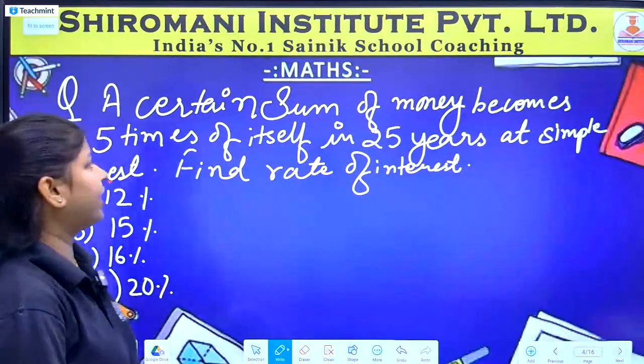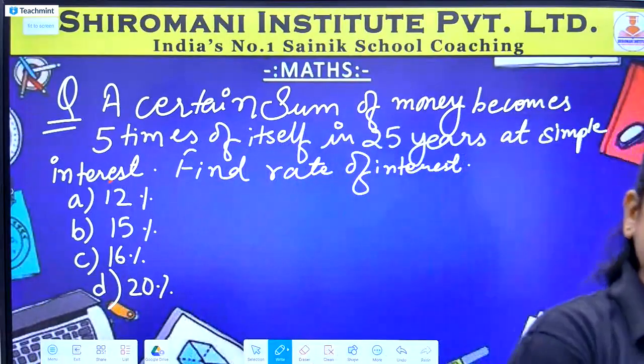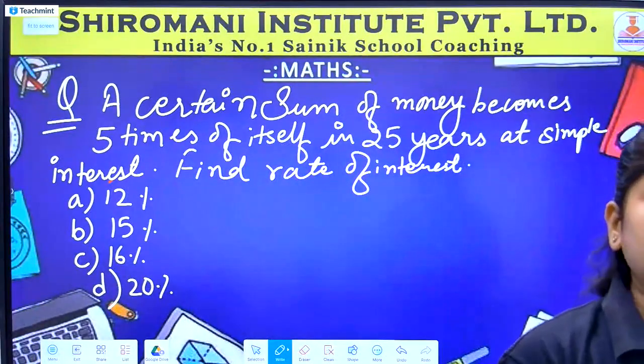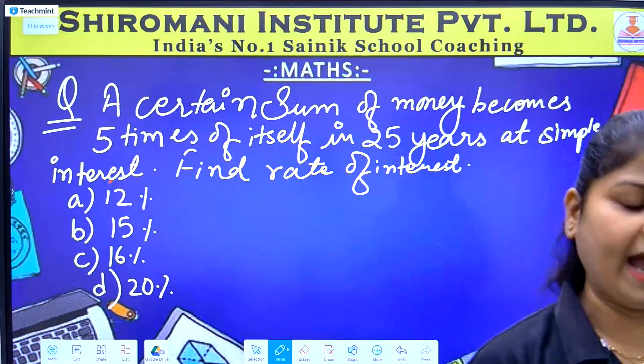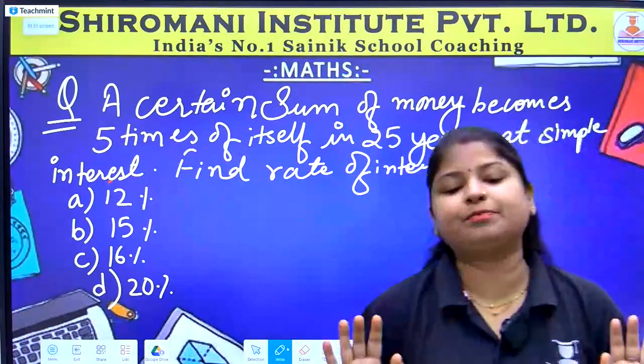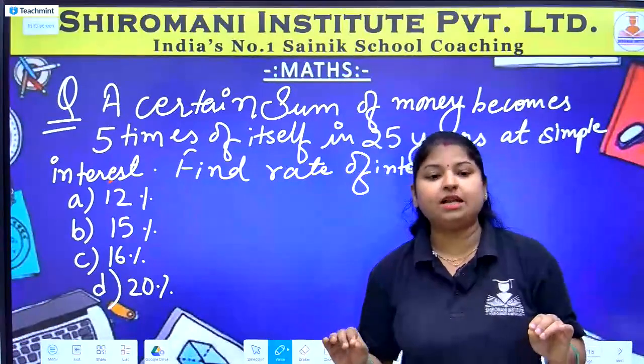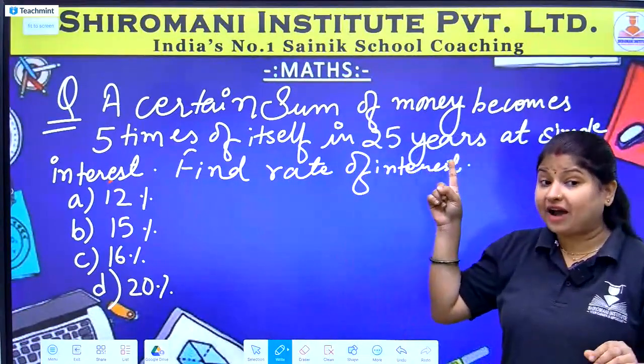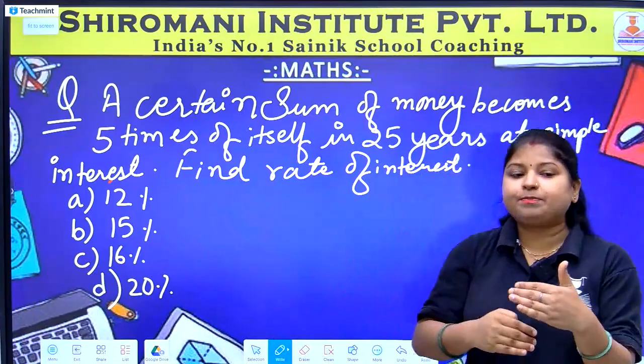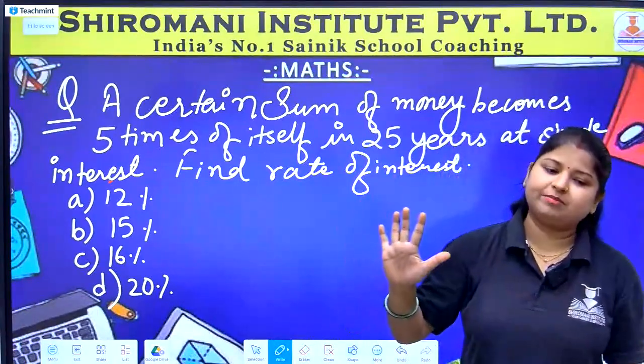Okay, see. The question says, beta, that a certain sum of money, I don't know what is my principal. Principal is not known in the question. Whatever is the principal, after 25 years, principal becomes 5 times itself.